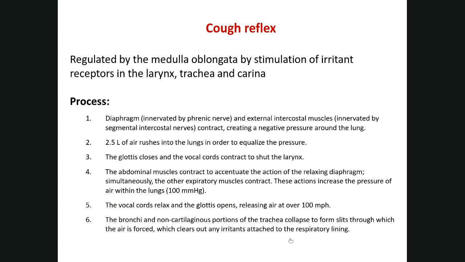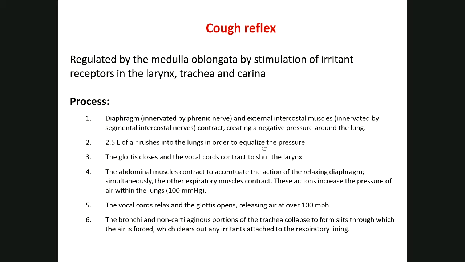The diaphragm and the external intercostal muscles will contract, causing inhalation of air, not the tidal volume only, but a larger amount, though not the maximum, around 2.5 liters of air. Then once that air is inside, immediately the glottis and the vocal cords will close, trapping that air inside.